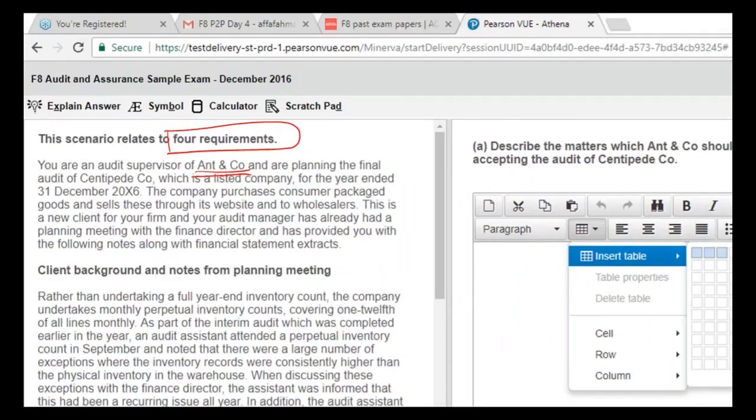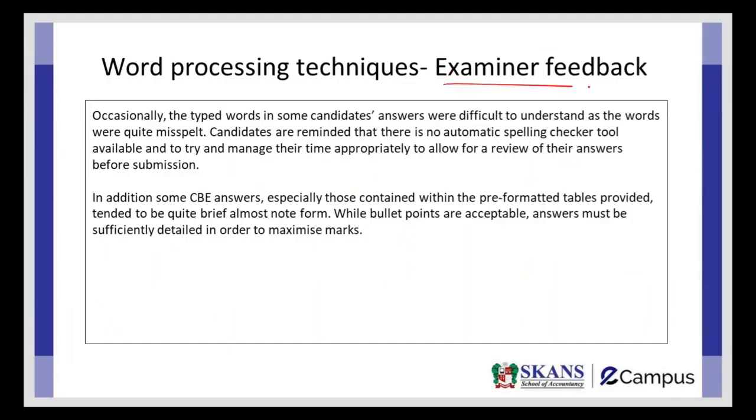Like I said, your question is over here. This is pretty self-explanatory. Your examiner has said, in her comments, that please remember there is no spell check in your answer area, so there's no automatic spell checking.